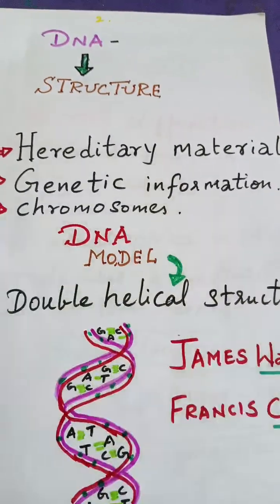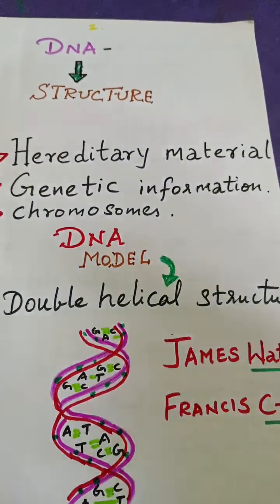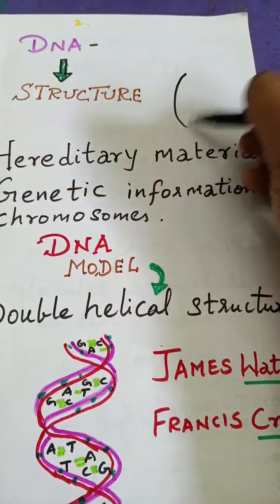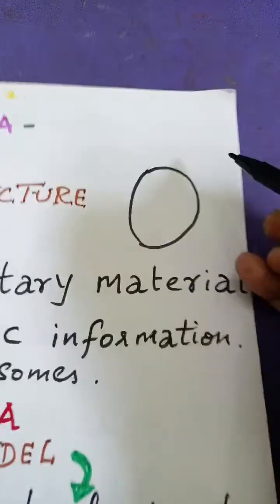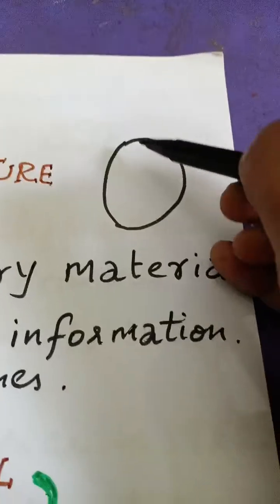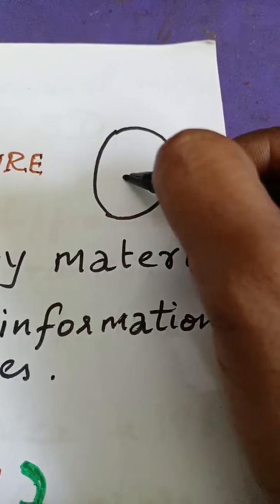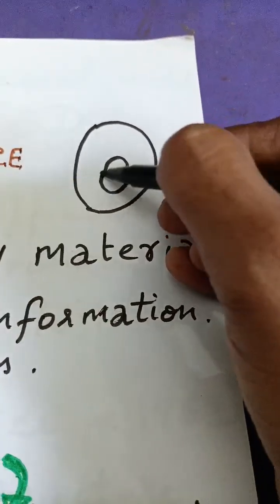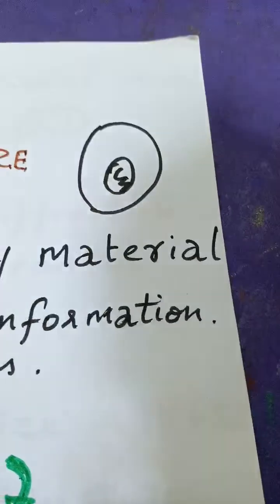In your lower classes you would have learned what a cell is. This is an animal cell. An animal cell contains a cell membrane, and then it contains a nucleus. In this nucleus you will have a chromosome.